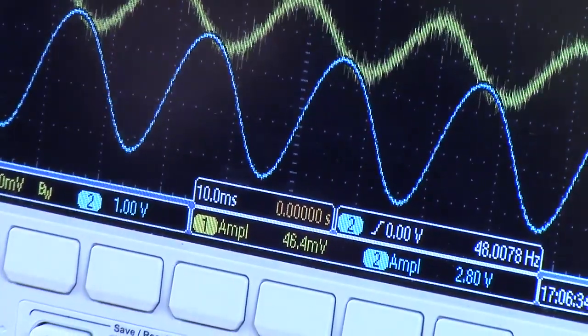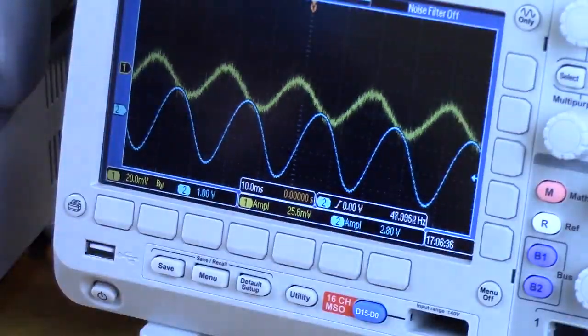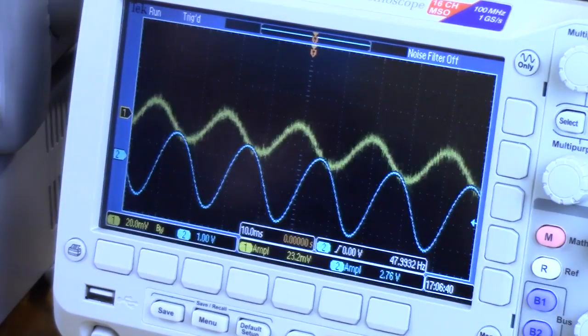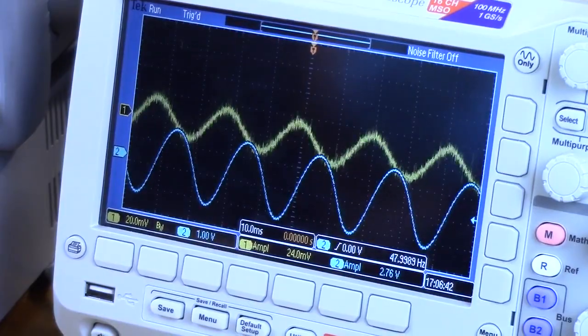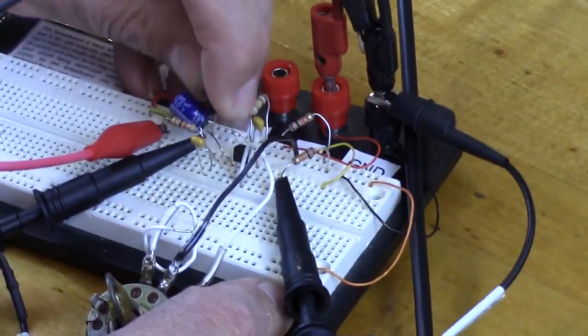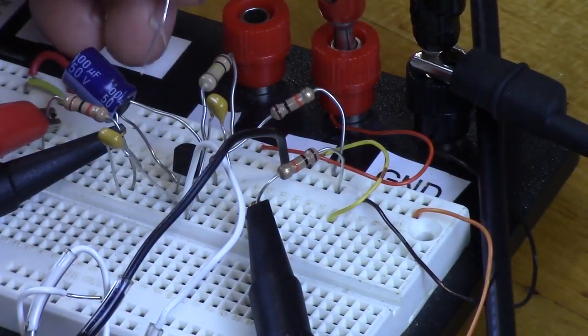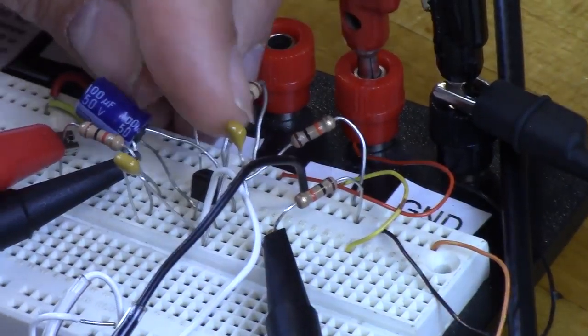Okay, that's the second measurement, and now all that's left to do is CE. To do CE, we're going to put our original capacitor back into CE. That goes from the emitter there to ground there.